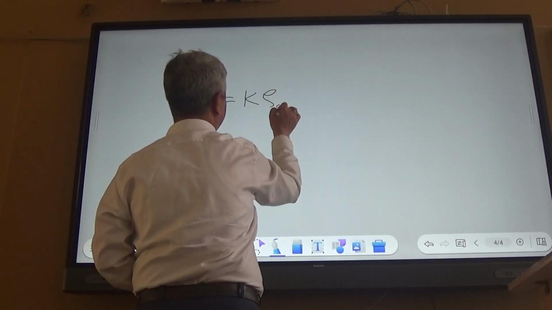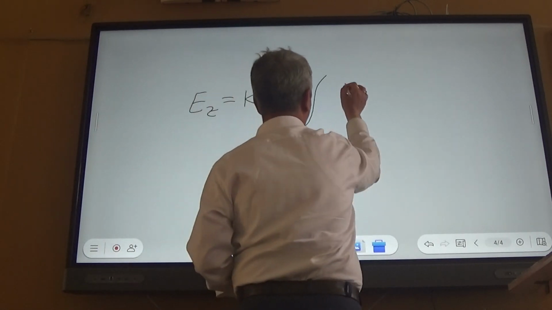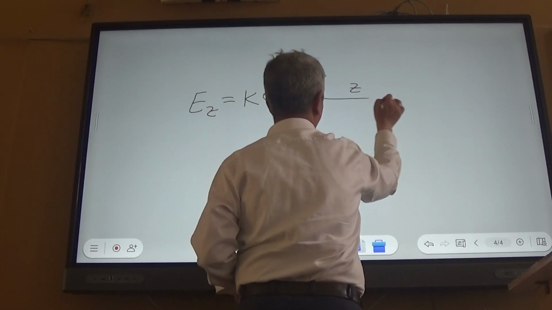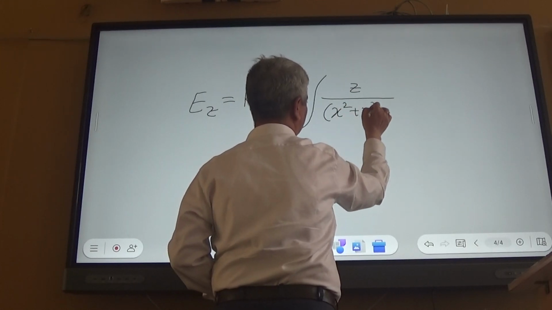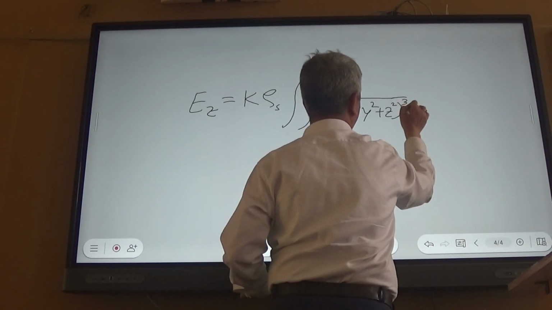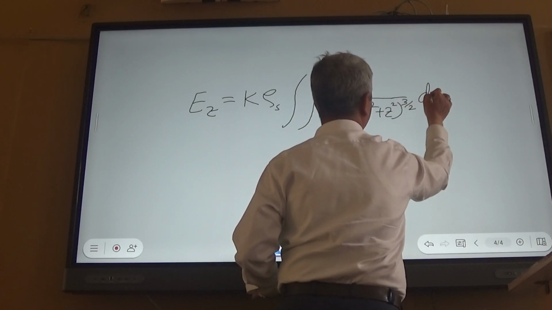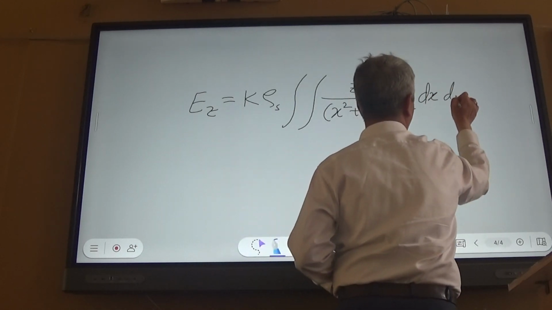K rho s double integration of z upon x square plus y square plus z square raised to 3 by 2 dx dy.